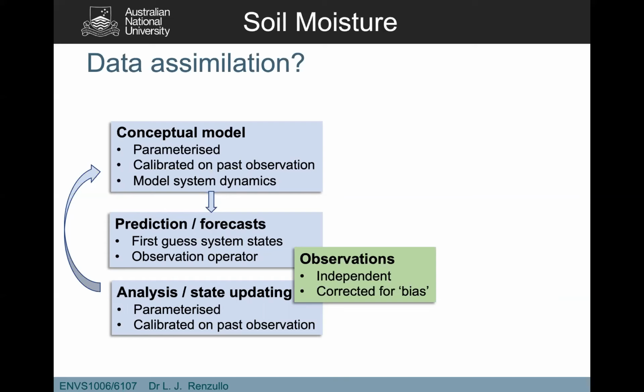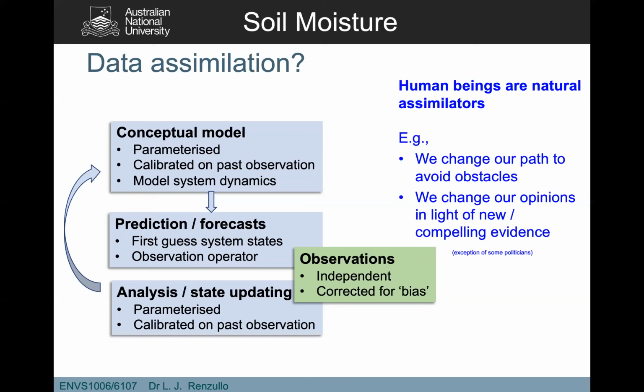Once you have the modeled equivalent of the observation you're trying to measure, you get an actual observation that's independent, part of the network. As long as it's bias-free, we can assimilate those data and improve our model states through this analysis, or state updating. Then we feed that improved state back into the conceptual model, and we have this loop going through.